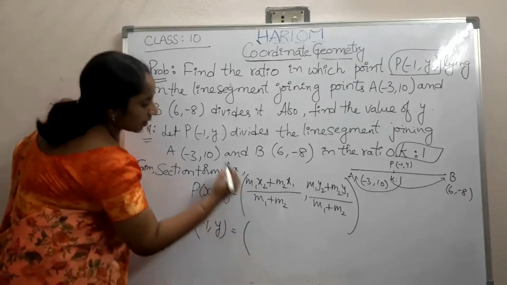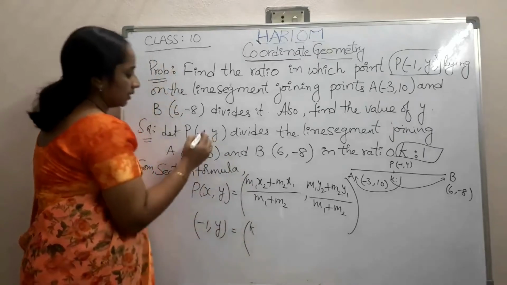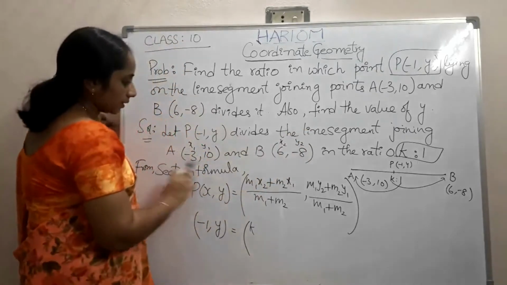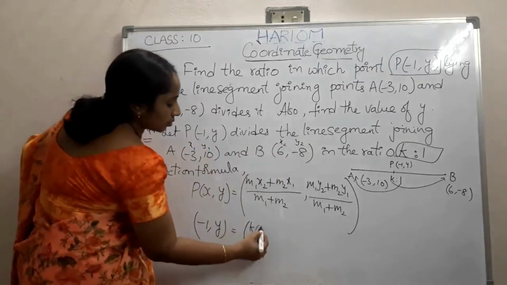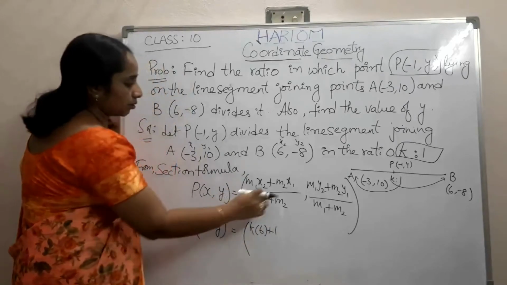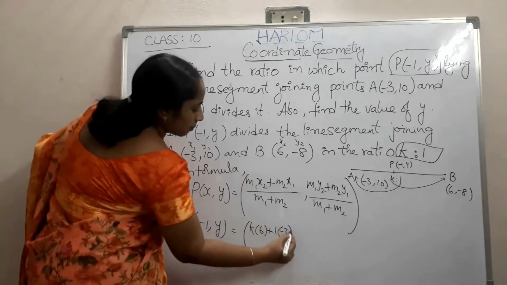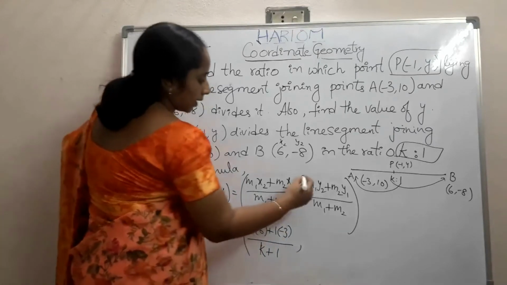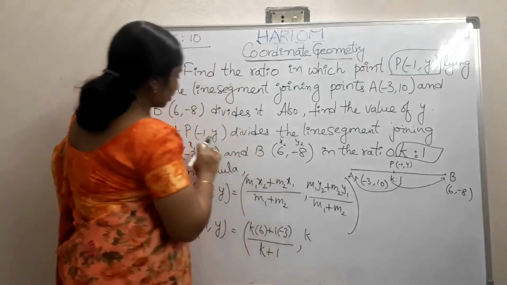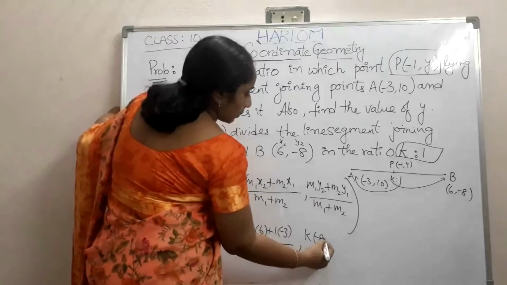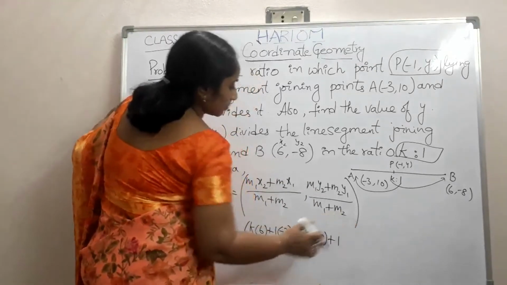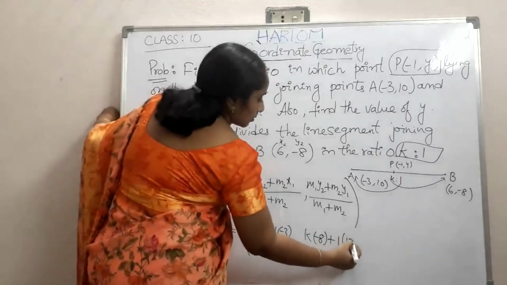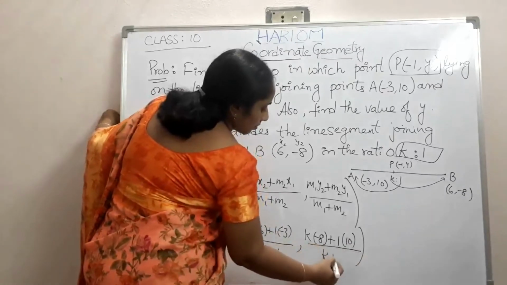Here m1 is k, and with x1, y1, x2, y2: m1 x2 is k into 6 plus m2 which is 1 into x1 minus 3, by k plus 1, and k into y2 which is minus 8 plus 1 into y1 which is 10, by k plus 1.